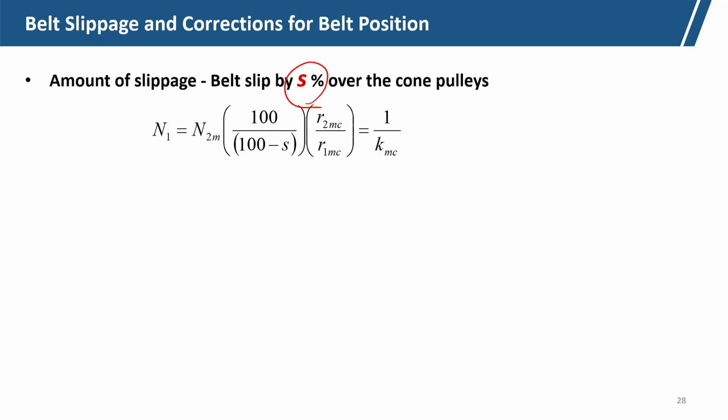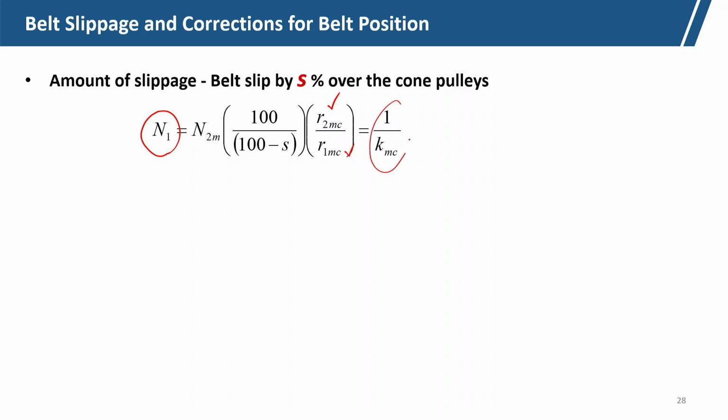Now, here if it is S%, we are doing the corrections. So, N1 is the RPM of the top cone pulley. See N1 by N2, as we know, R2 by R1, that is the condition. So, N1 by N2 is 1 by Km.